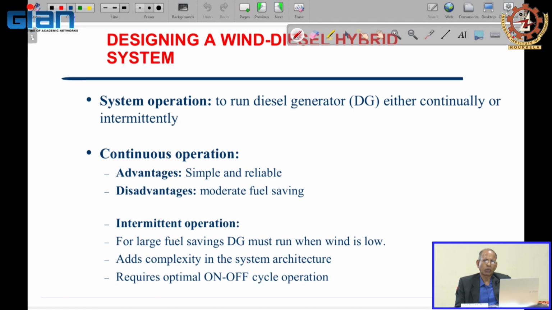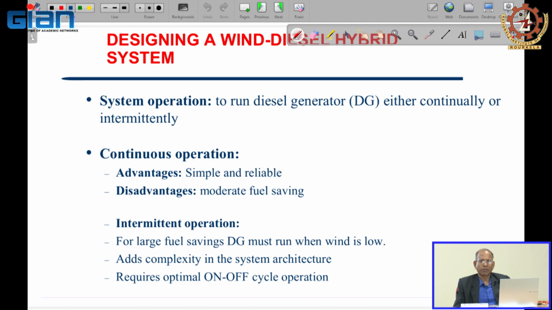Both will have some pros and cons. If you have continuous operation of the generator, your control architecture will be simple and the system is a little bit more reliable, but obviously it will have more fuel consumption.